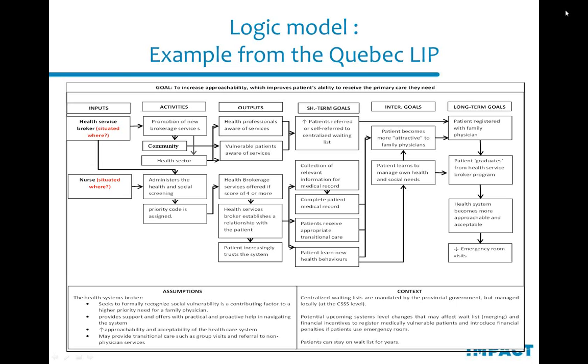We also included a context box so we could describe the setting in which this is happening, where there is a central waiting list, and people can stay on this wait list for a long time. So the objective of the health service broker is really to accelerate the process through the waiting list, and also to provide some interim support that might help patients, especially vulnerable patients, to find primary care practitioners.